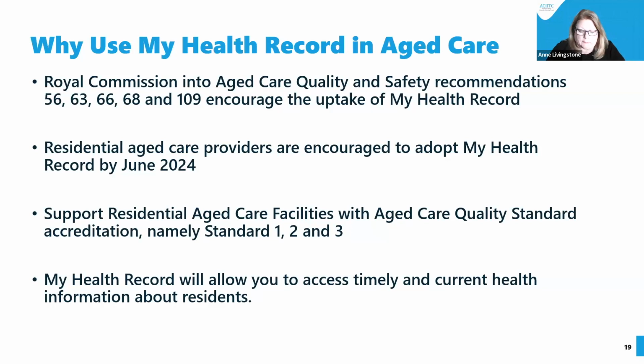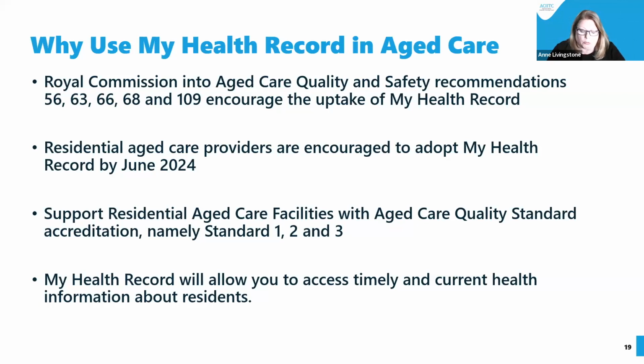Recommendation 66, which pinpointed improving the transition between residential care and hospital care. Recommendation 68, the universal adoption by the aged care sector of digital technology and My Health Record. And recommendation 109, which spoke to the use of ICT architecture and investment in technology and infrastructure in the sector.